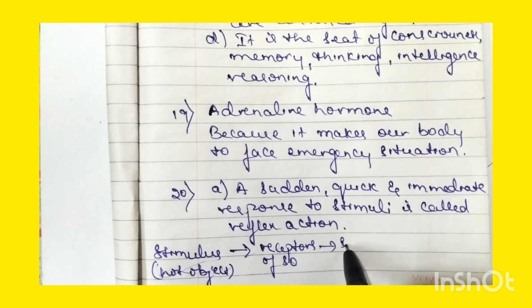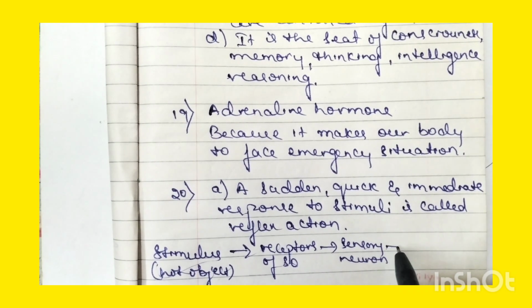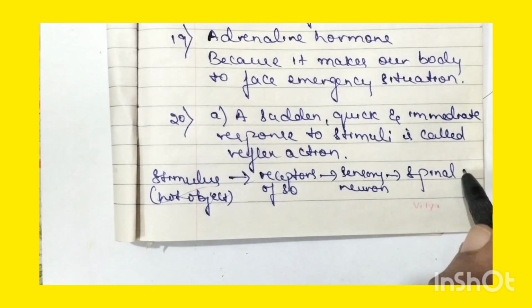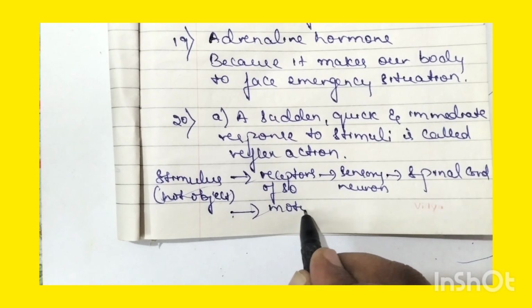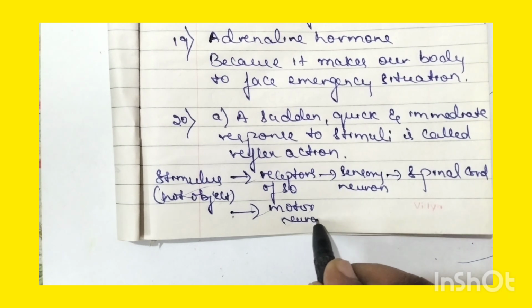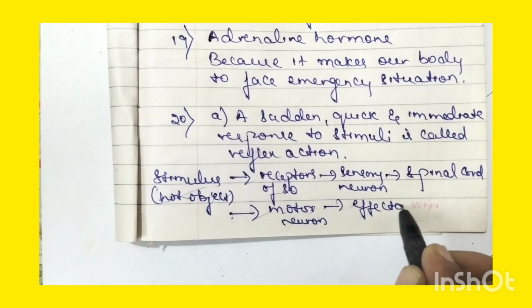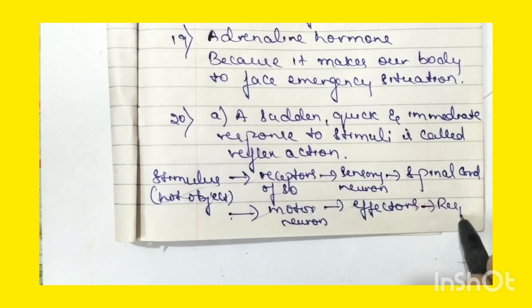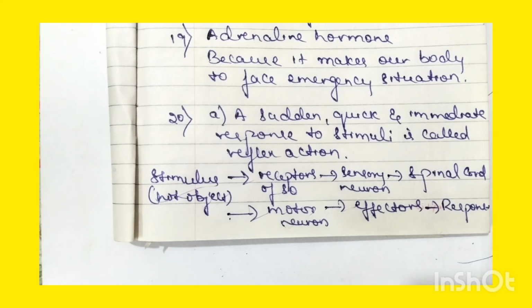From there it will be carried by sensory neuron to spinal cord, then from spinal cord to motor neuron, from motor neuron to effectors, and from the effector, the response is withdrawing of the hand. So this is the pathway for the reflex arc.